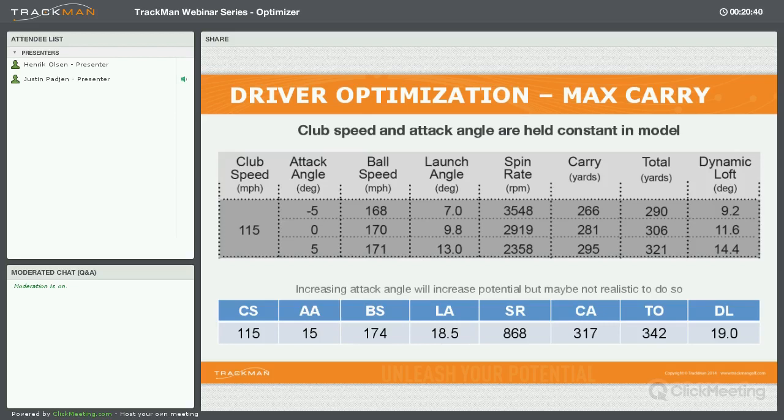But that's what I was talking about earlier: if you can get that person to hit just one shot where they're hitting up on it, then you can select that single shot, and it's going to look at the club speed and attack angle for that shot and show you what the optimal or potential values are for that person. So this allows you to use the optimizer for the driver, even though they may hit down on it. You can find that one shot and select it to see what the numbers come out as.